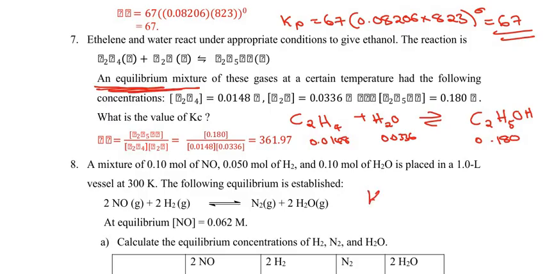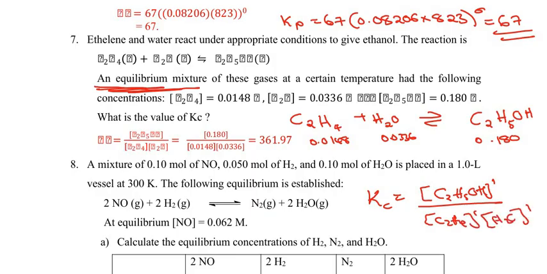Meaning our Kc is going to be the alcohol, the ethanol, to the power 1, over the ethylene to the power 1, then we have the water to the power 1 as well. So we just do the replacement. Put this, put that, put that. This is what they have given us here. That's how they got this answer. So hope this is okay. That was your number 7.